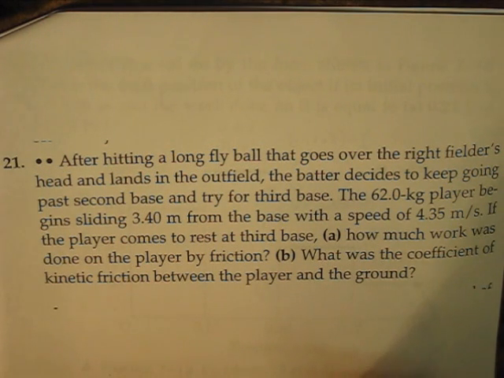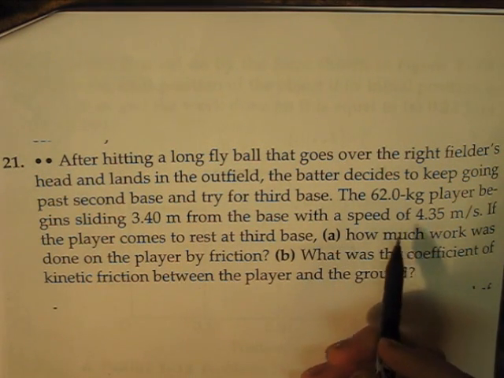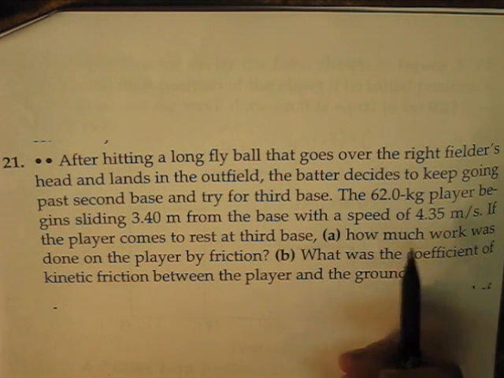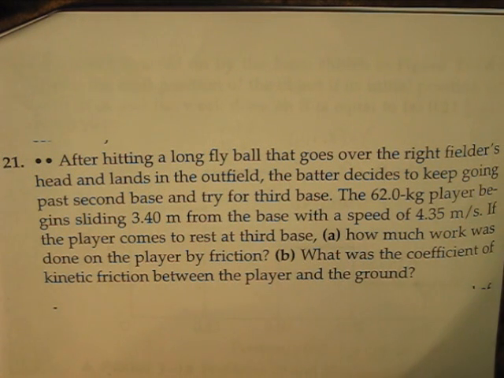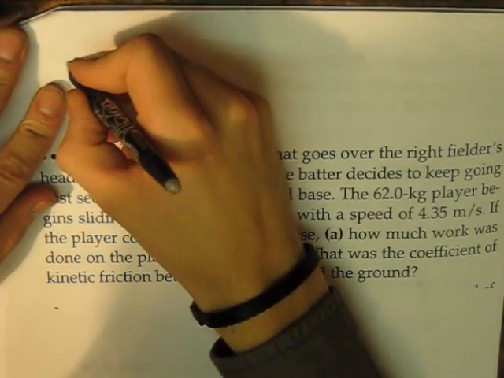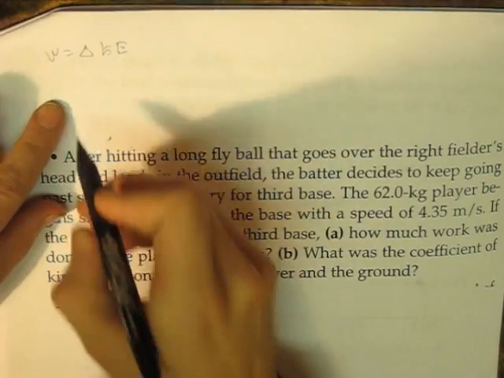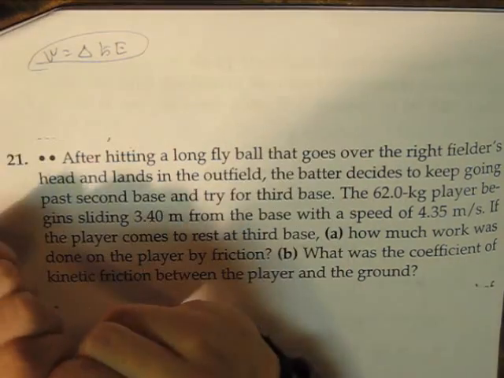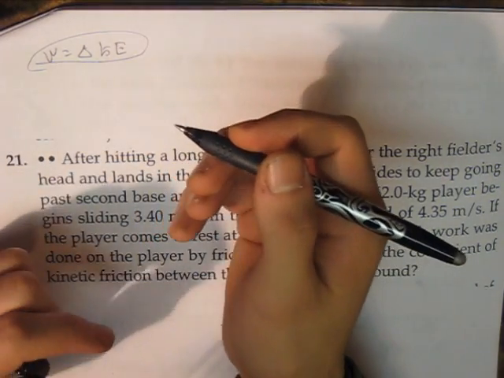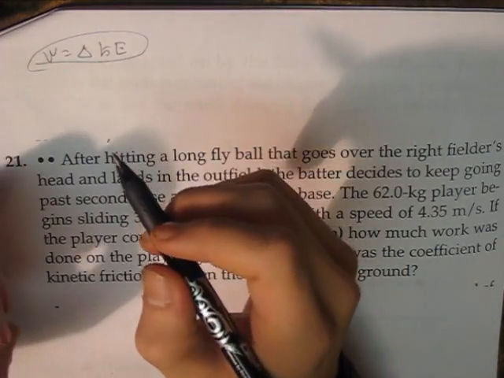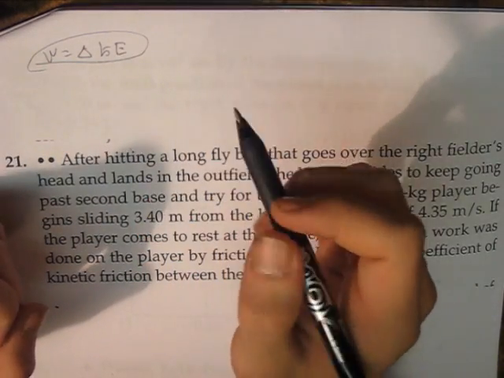And we have a velocity, we have a weight, we have mass, and work equals force times distance, but we don't have a force here. So let's just do work equals the change in kinetic energy. Let's use that formula. So change in kinetic energy equals 1/2 m delta v squared.